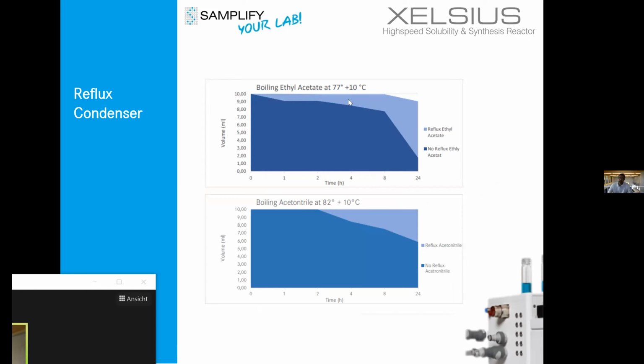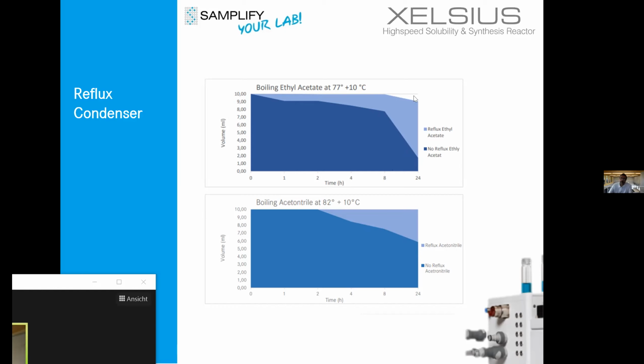So we boiled it 10 degrees higher than the boiling point, and you see the dark blue after 8 hours: from 10 milliliters, only 8 milliliters will be left, and after 24 hours, maybe 1 or 2 milliliters will be left. And with the reflux condenser, you have a much better recovery of the solvent in your reaction vessel.